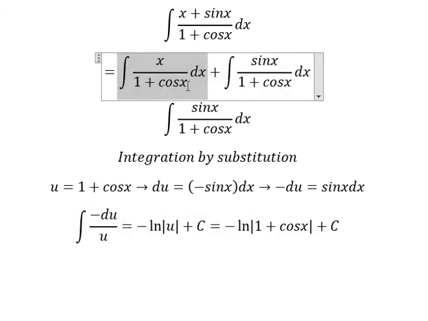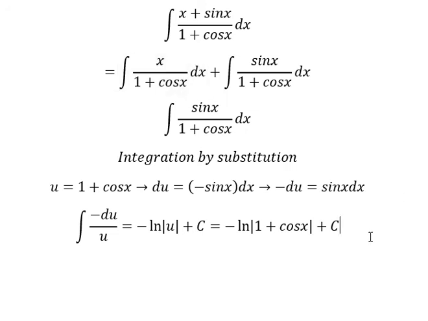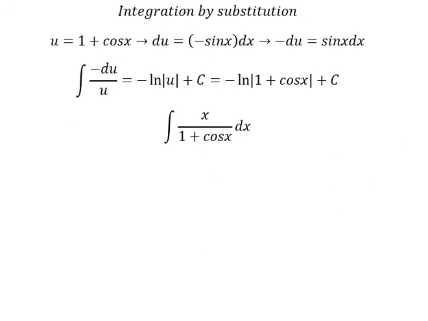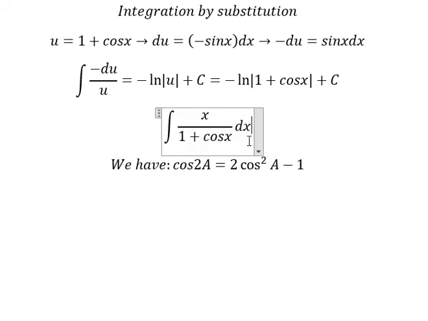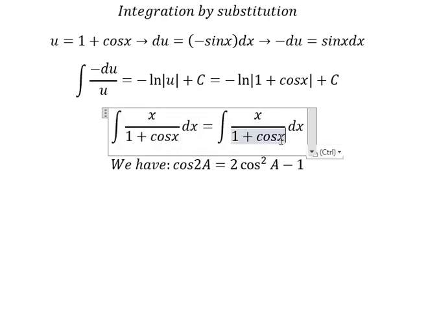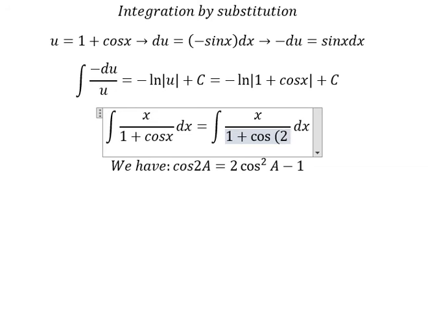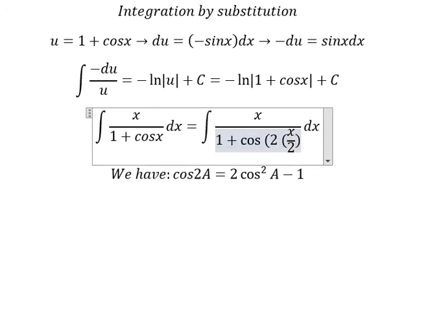Now I will go to the last one. So we have the formula in here. Cosine 2A equals 2 cosine A squared minus 1. Now about this one, we know that cosine x in here we can write as 2 multiplied by x over 2.